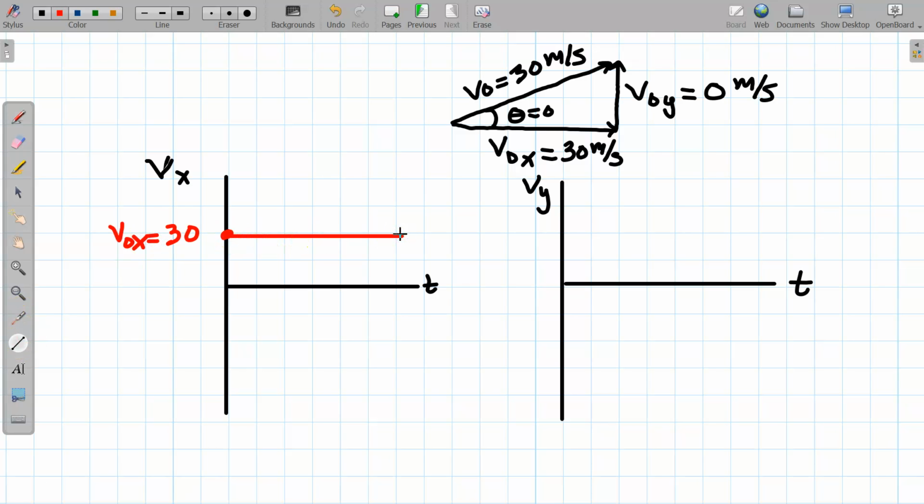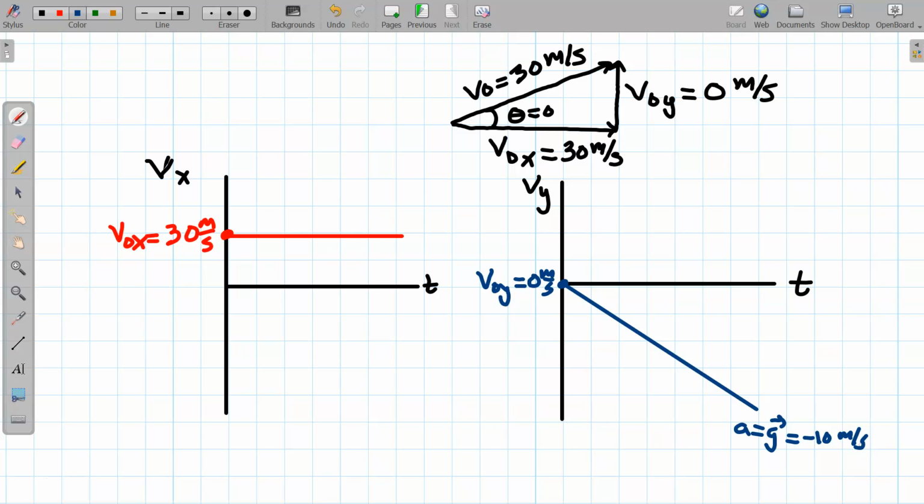So as long as that ball's in the air, it will be traveling 30 meters per second. In the y direction, my velocity at time equals 0 is 0. And it is also subject to Galileo's constant, which I'll say is -10 in this case.